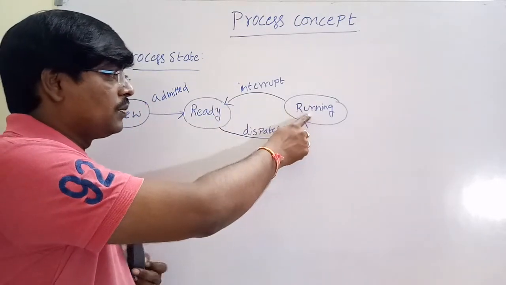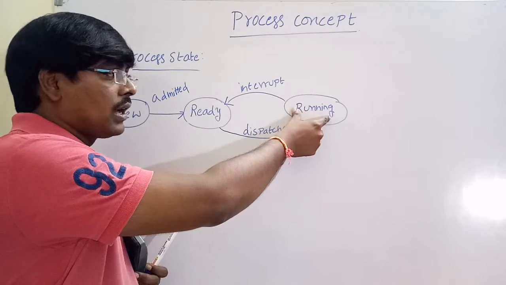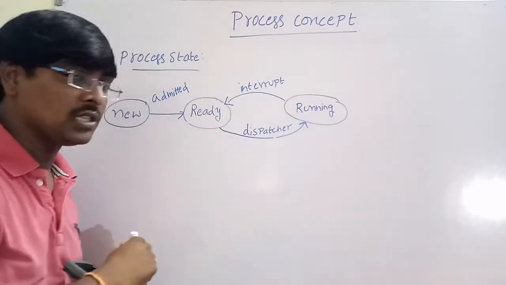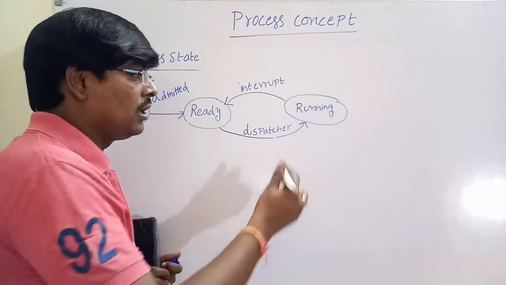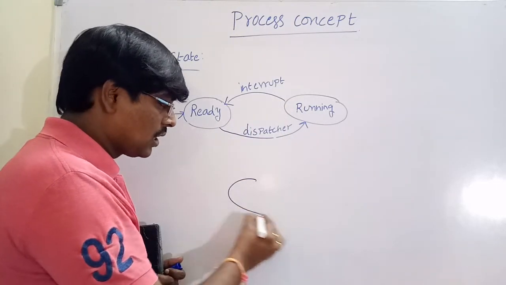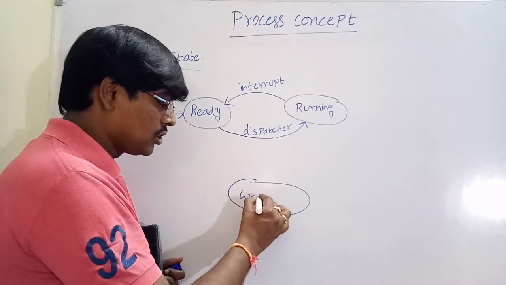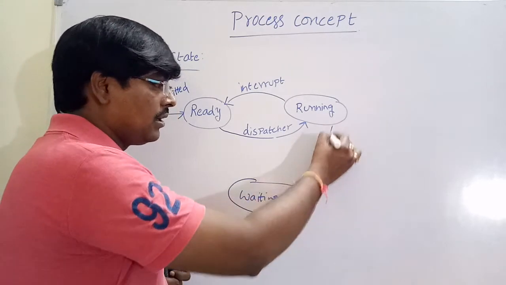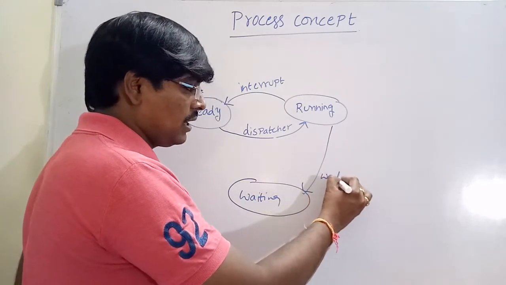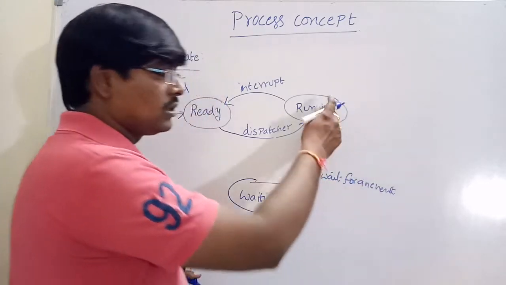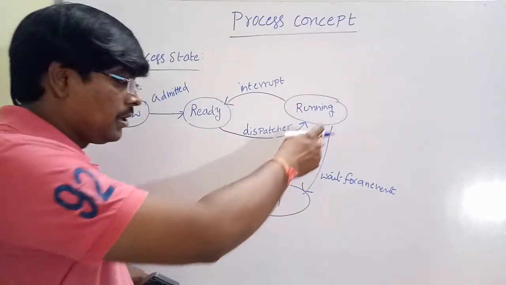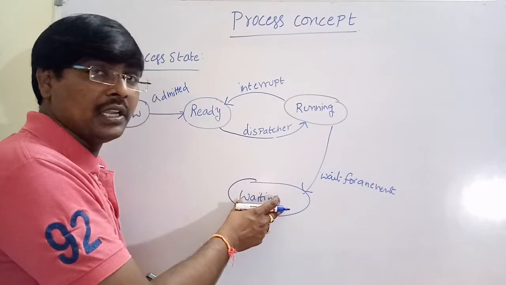In simple terms, interrupt means the running state process is moved to the ready state. And one more case is also present. During running, whenever a process requires an IO operation or any event, it has to wait for an event. Whenever a process requires an event, that process enters the waiting state.